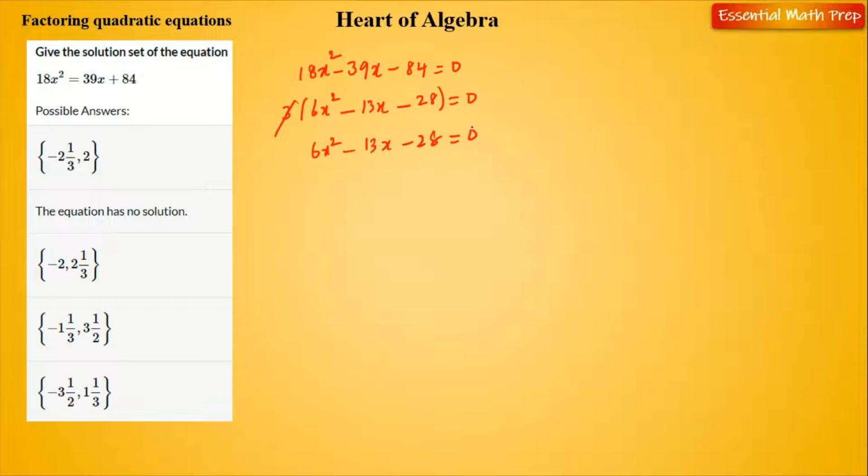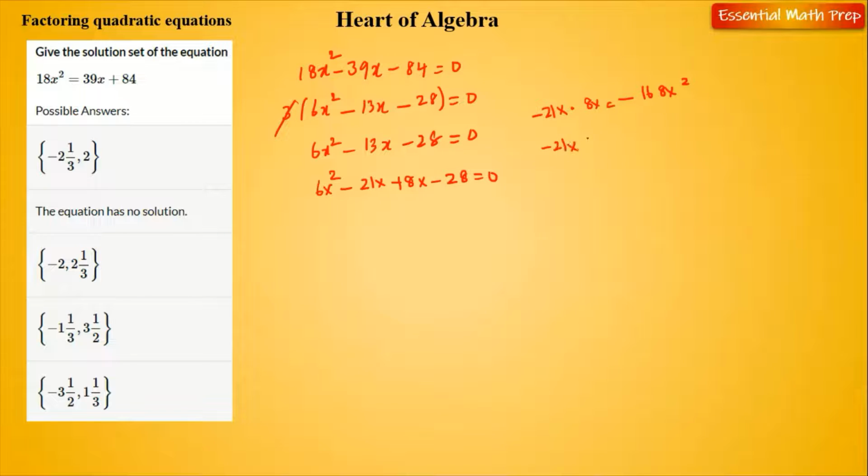28 times 6 is 168, right? I believe it's 21 times 8, so negative 21x plus 8x minus 28 equals 0. Remember, we want negative 168x squared, right? So if you multiply negative 21x times 8x, then you get this.